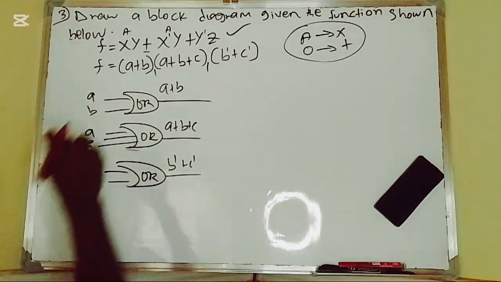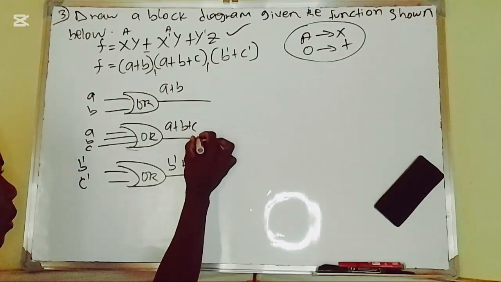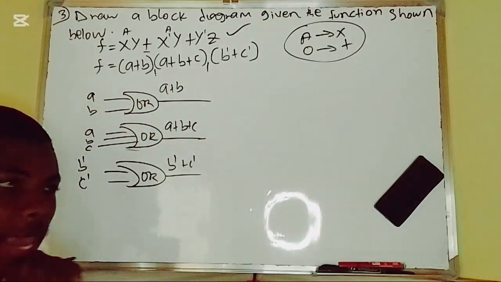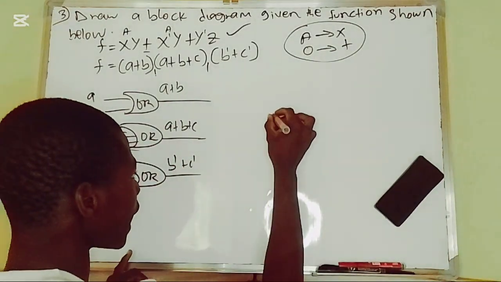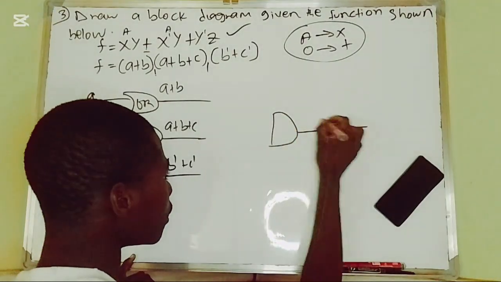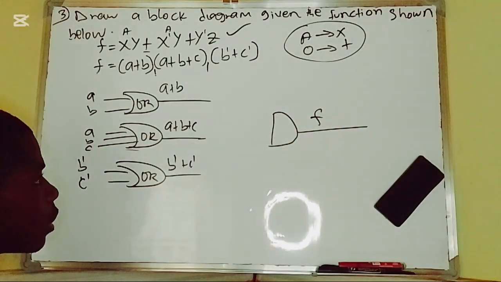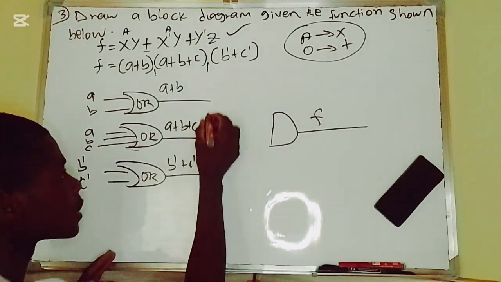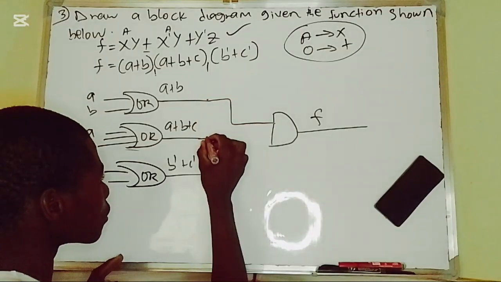The next thing is that I have the product. The product is an AND gate. This function must have 3 inputs, like this.